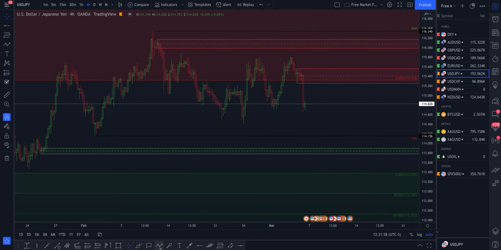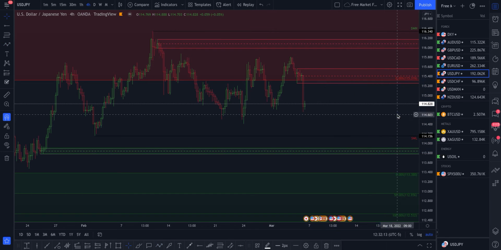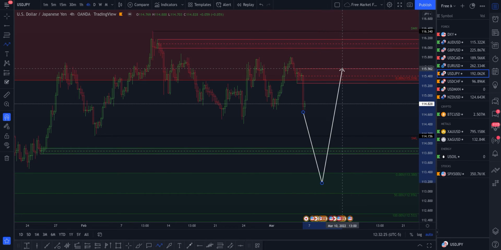Let's grab our arrow. We could see this pair come up into this supply area, come down and bounce in between these zones or any zones that may be created, or we could see this pair simply come down into the institutional distribution and bounce in between this institutional accumulation.